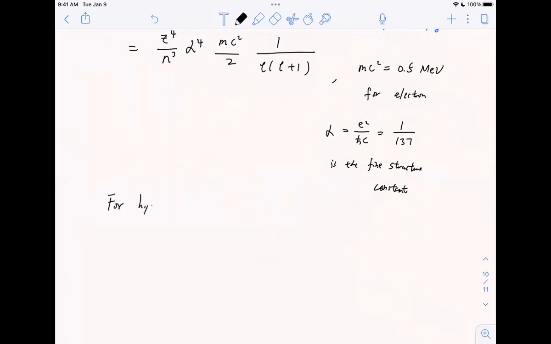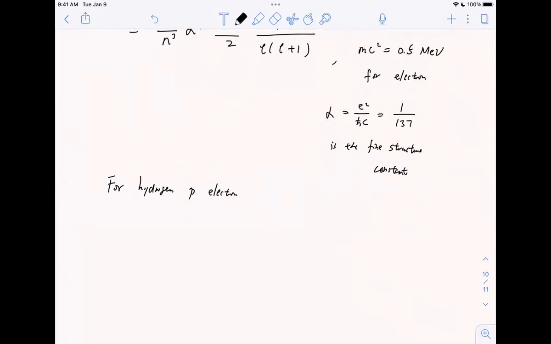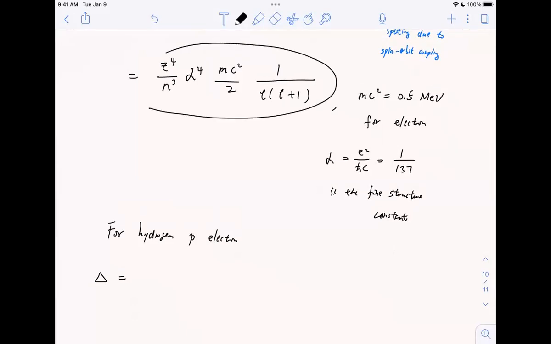Okay, so for hydrogen atom, so for hydrogen p electron, let's just talk about this. Okay, so this spin-orbit coupling separation, then you just put it in. Hydrogen, this is 1.